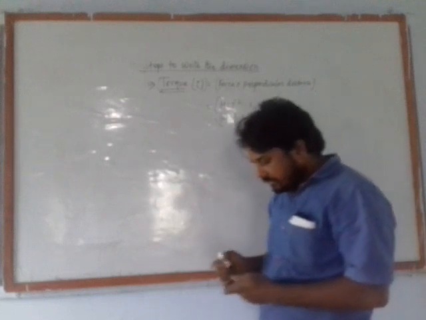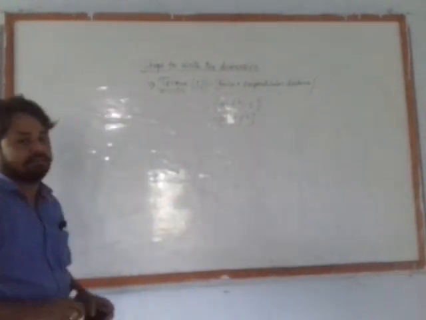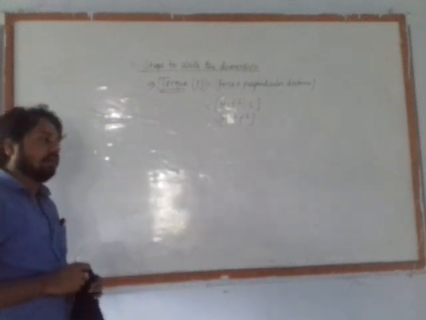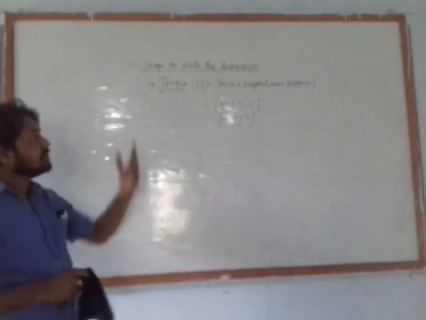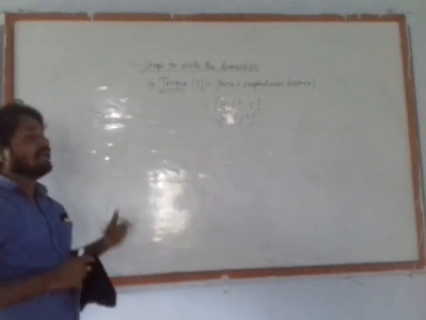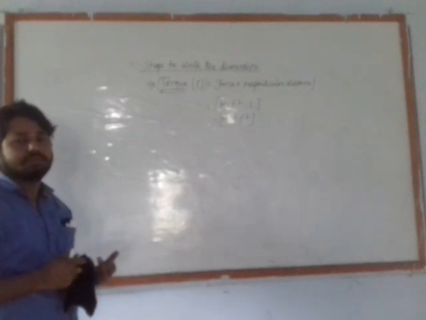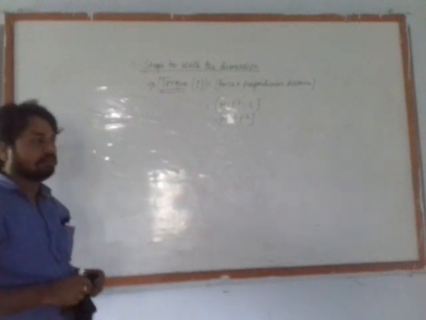Now then, what is the main importance of dimension? Since we are already writing the formula, we have a unit, no? So how to use this dimension, or what is the importance of dimension, why is it used in physics? There are three main importances of dimension.